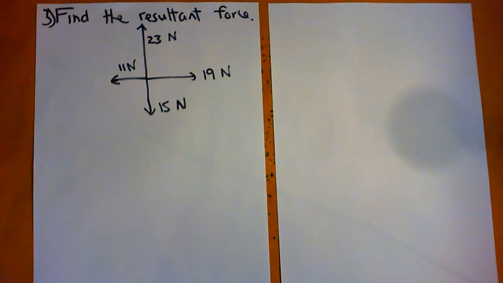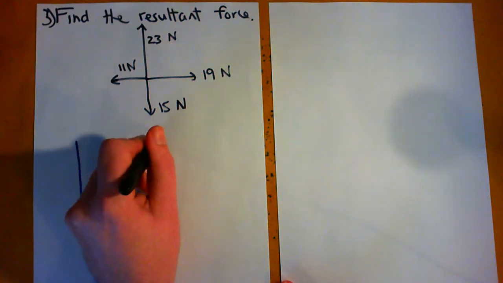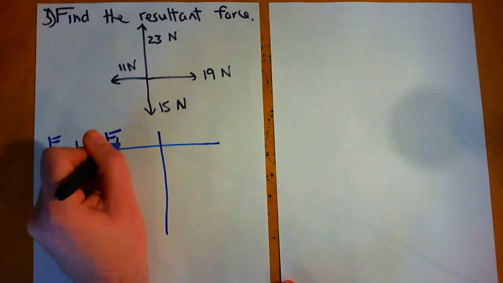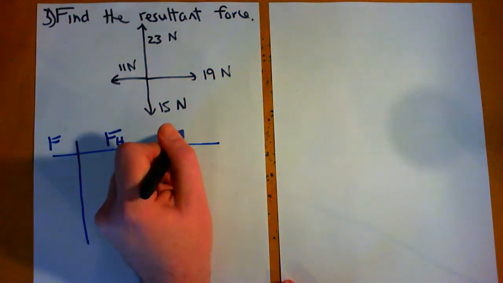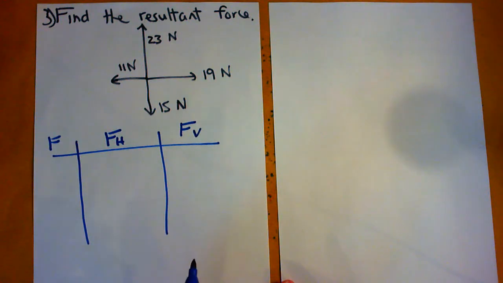So we need to decompose each of those forces into its horizontal and vertical components. We need to draw up our force, horizontal and vertical table. So we have our forces. We have the horizontal component down that middle column, and we have the vertical component down the last column.